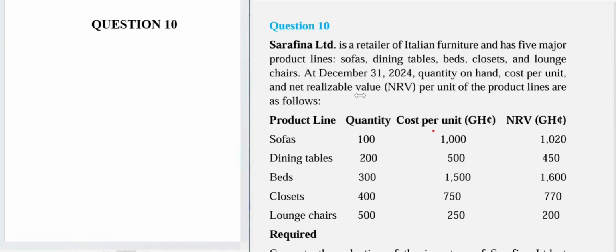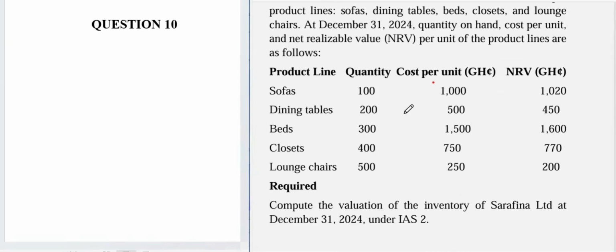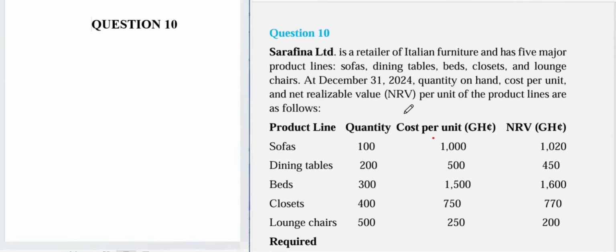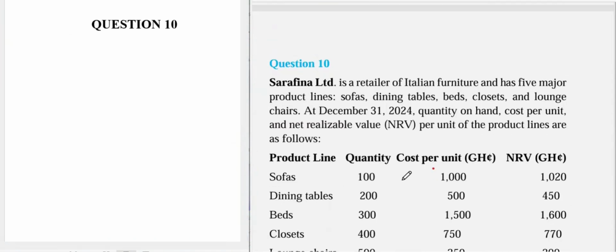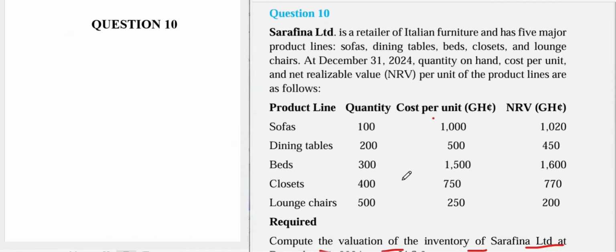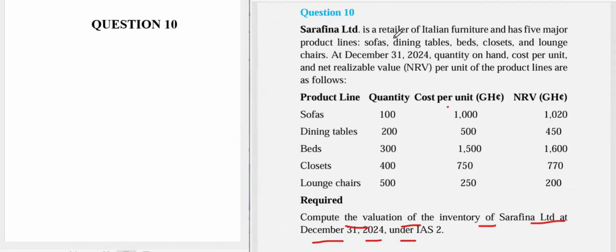Let's go through one by one and look at the requirements, right? The requirement says compute the valuation of inventory of Safina Limited at December 31st, 2024 under IAS 2, right? So let me bring it here so that maybe if you want to take a screenshot. So this is the question, right?